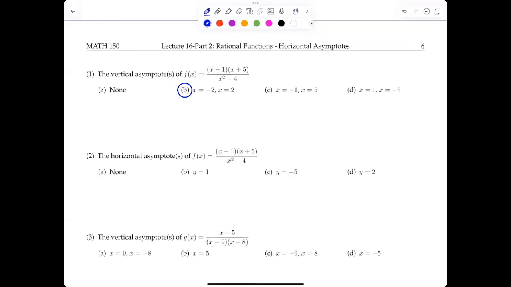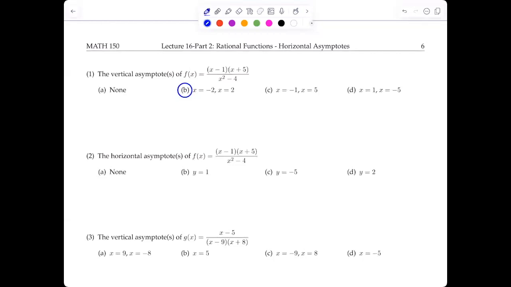What about 2? What is the horizontal asymptote in this case? C, you have y equal to -5. You want to agree with that answer? Remember how to determine the horizontal asymptote.